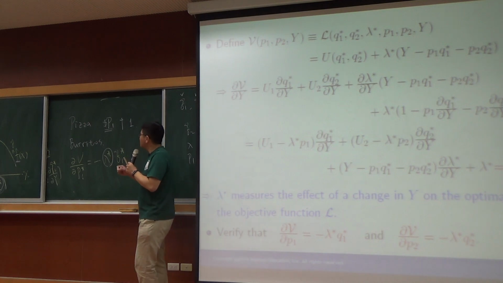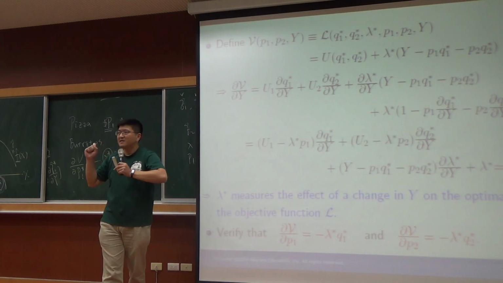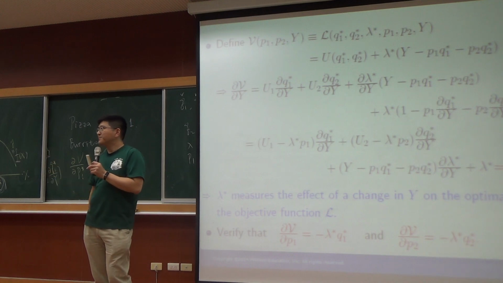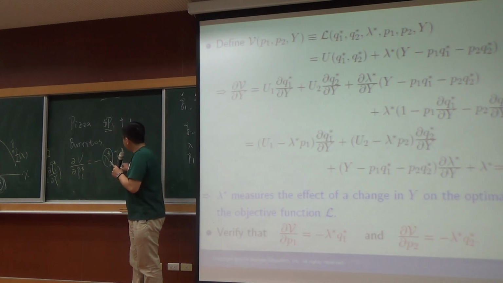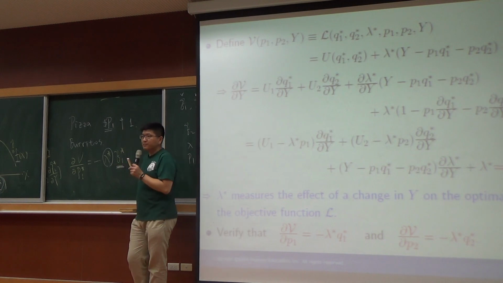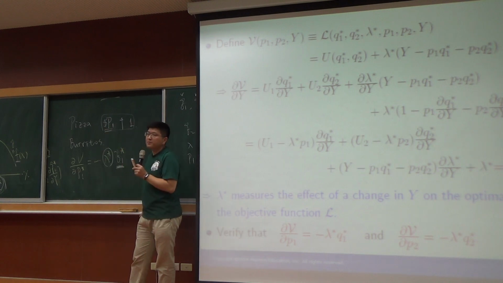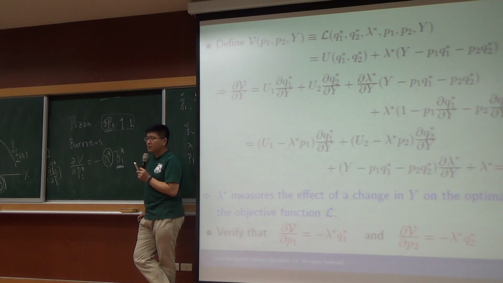But if you just don't like to eat pizza, you eat 0 slices per month, you will not be affected at all. Do you understand what I'm talking about? So it depends on the quantity you consume. The effect of the change in the price of pizza depends on how many slices of pizza you consume, okay?